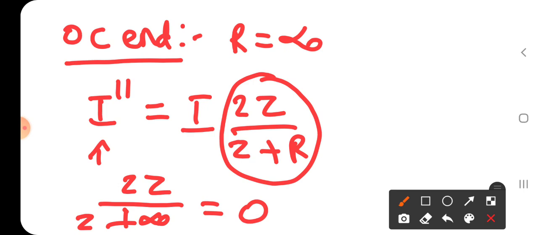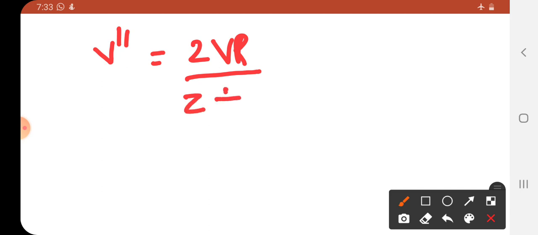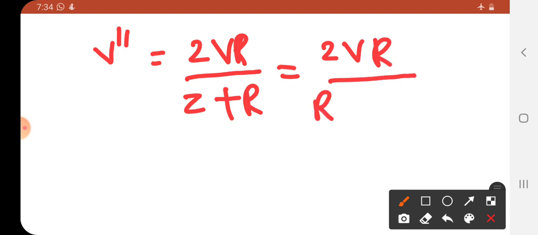Okay. Next, that is refracted voltage. Refracted voltage, V double dash is equal to, what is the equation? 2VR by Z plus R. So here you need to replace R with infinity. If you replace R with infinity, you will get infinity by infinity. So in order to avoid that, take R common in the denominator. R, Z by R plus 1.